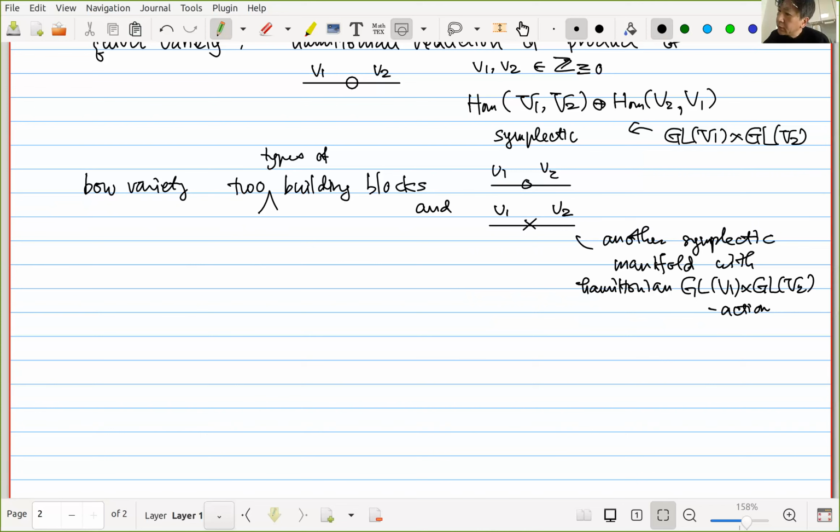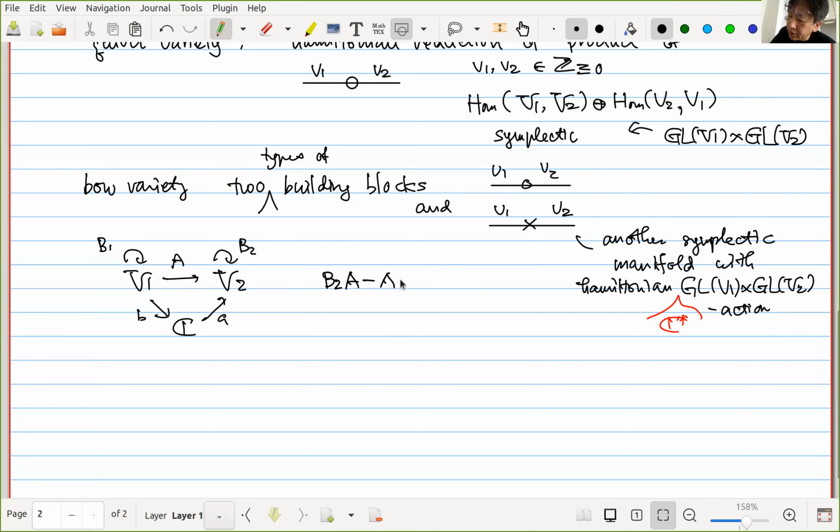In fact, I will add something later. First, I also add a sister action here. So the definition of this building block is as follows. I take again vector spaces V1, V2, and then I consider the space of linear maps like this. This is A, and this is B1, and this is B2, and this is small a, small b. And I impose the equation B2 A minus A B1 plus small a small b equals 0.